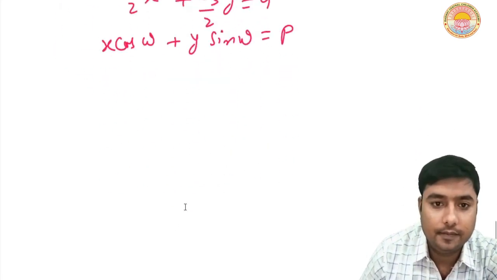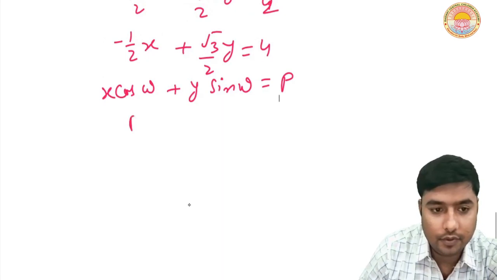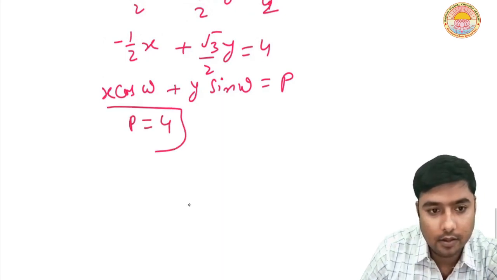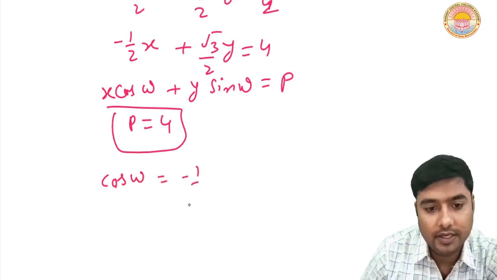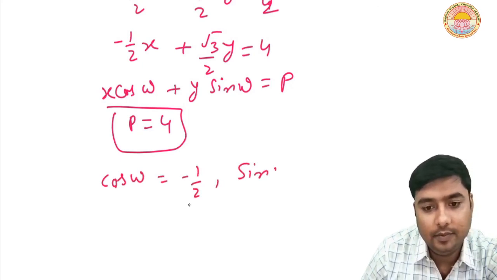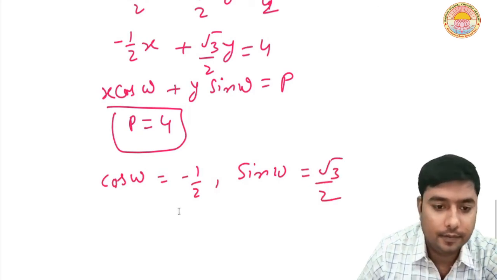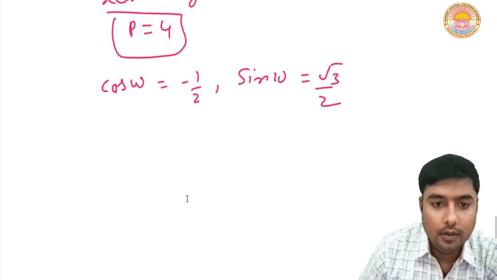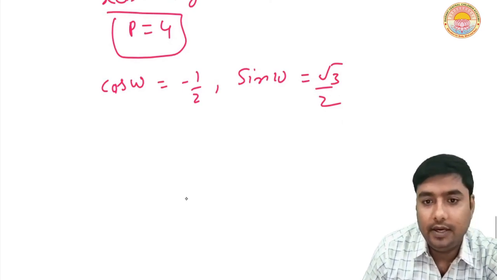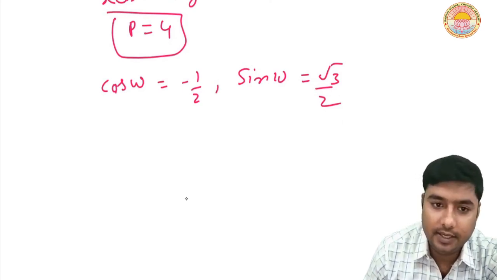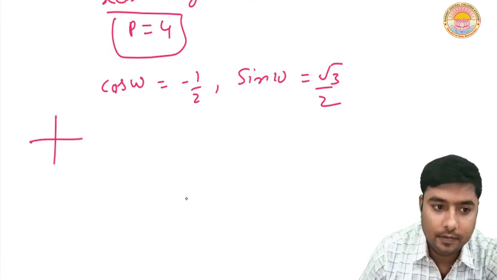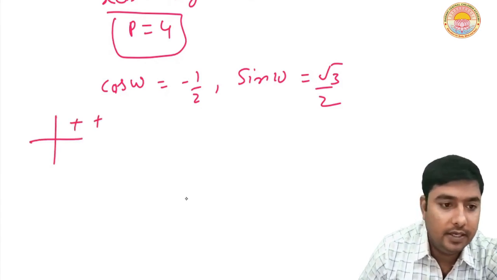Here p equals to 4 and cos omega equals to minus 1 by 2 and sin omega equals to root 3 by 2. The signs are negative and positive. That means it lies in the second quadrant.